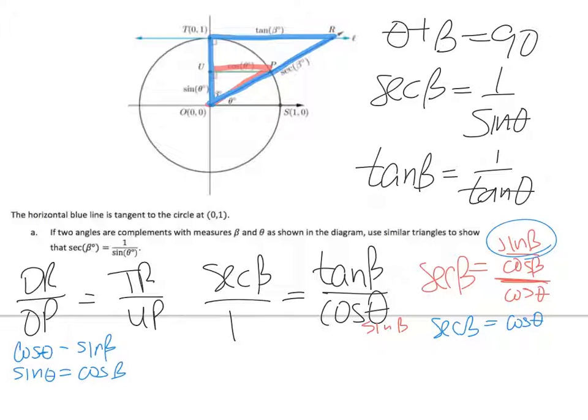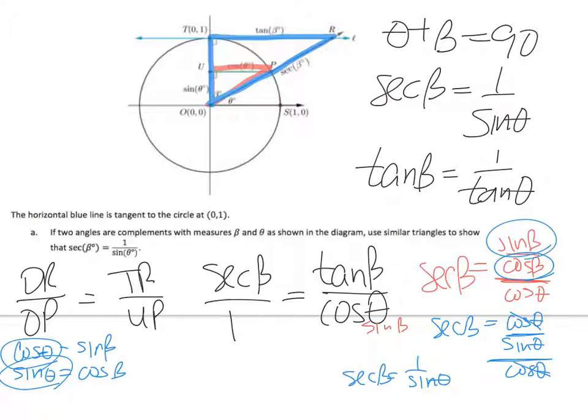Just switching this out for this one, and then the sine theta over cosine theta, which means that these are going to cancel out, and secant beta equals 1 over sine theta. That's what we were going for, right?